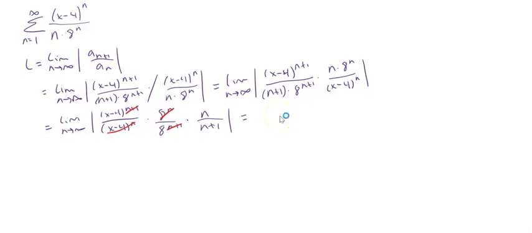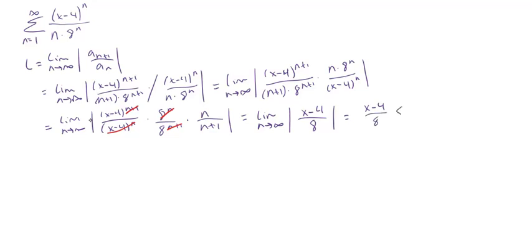That winds up being equal to the limit as n goes to infinity, absolute value. I'm left with an x minus 4 in the top and an 8 in the bottom. And then this piece right here, the n over n plus 1, the limit as n goes to infinity, that's just 1. And then look, there are no more n's. So what do I get? I get x minus 4 over 8.